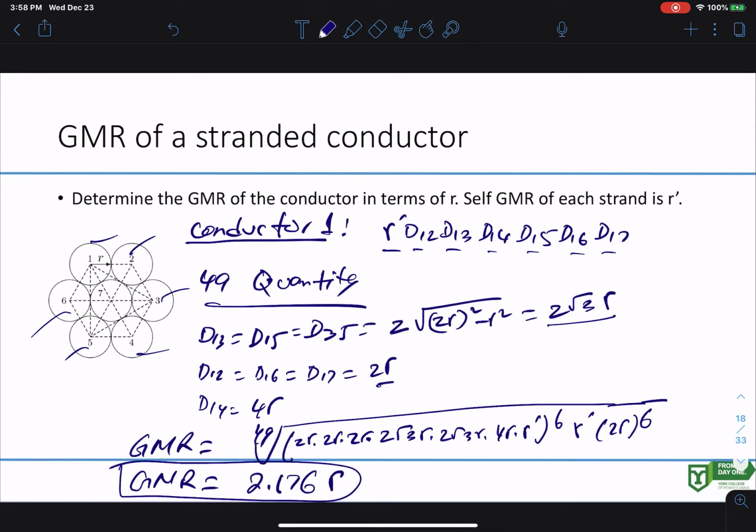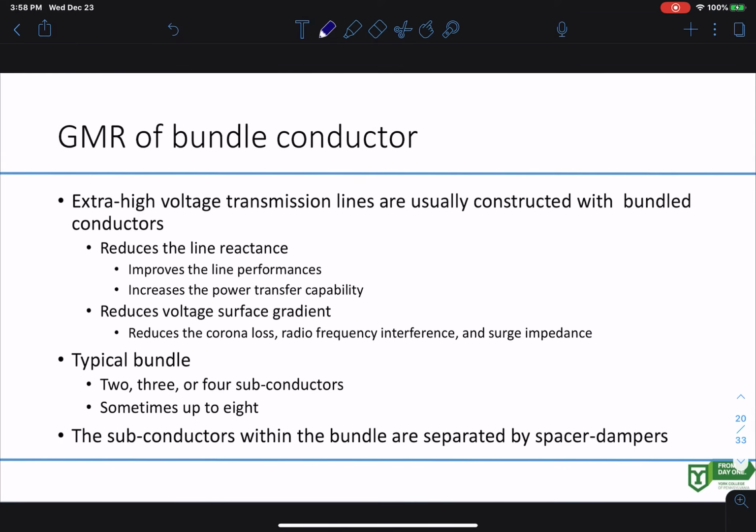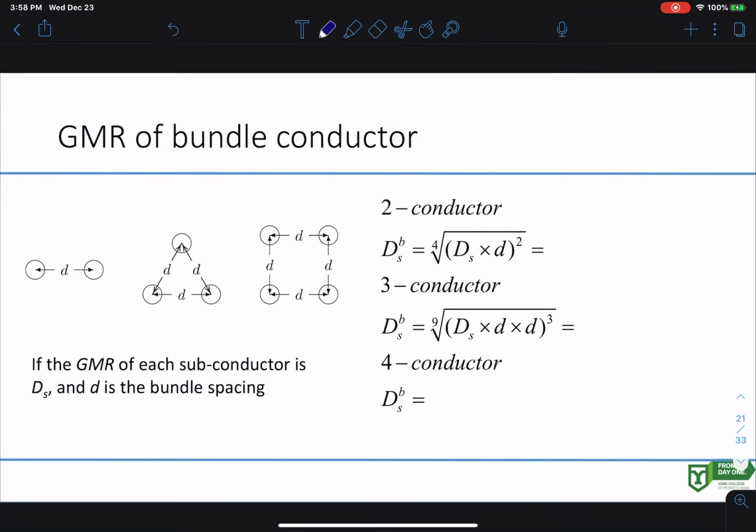All right, now I'm going to do a quick example for you. The GMR for these 2 conductors in one phase: you have 2 conductors, so you have the self distance ds, which is given by your manufacturer. Then the distance between them is d, and the other one also has the same ds and distance d. So you have 2 of them, and there are 4 quantities.